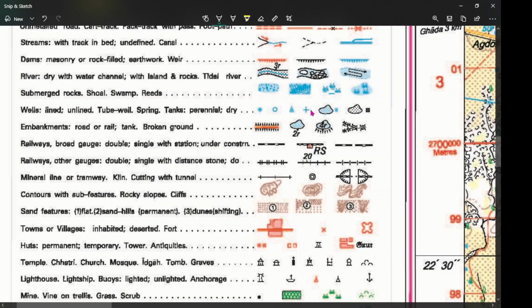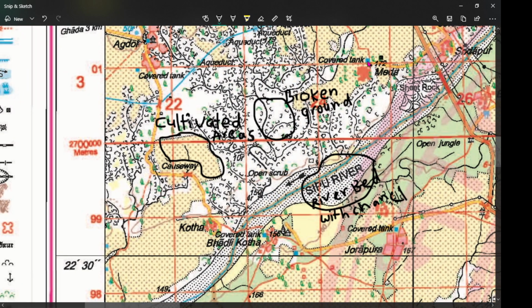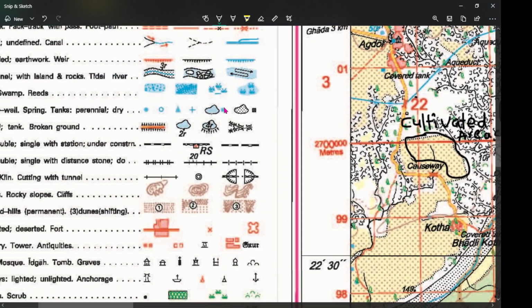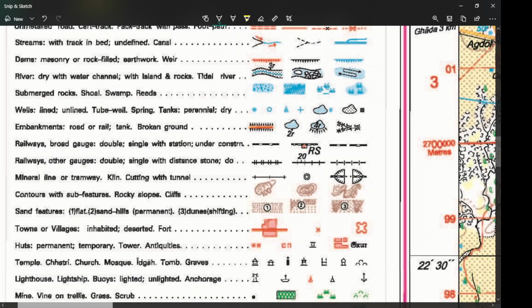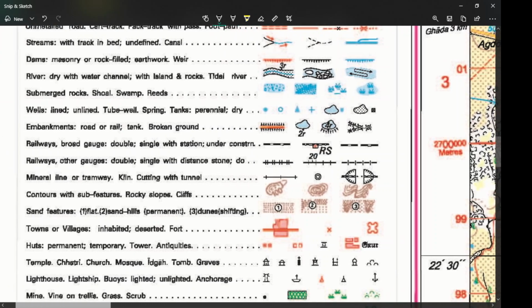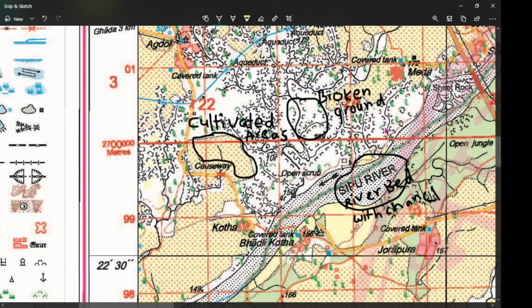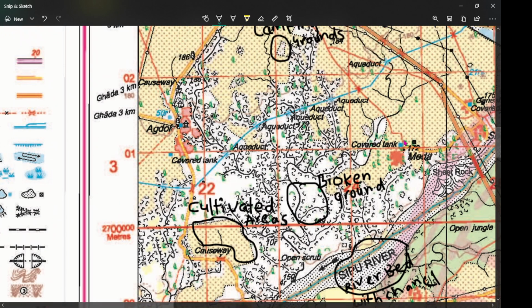These features as well I see. They are here, you can notice them. These are perennial tanks. So perennial tanks.